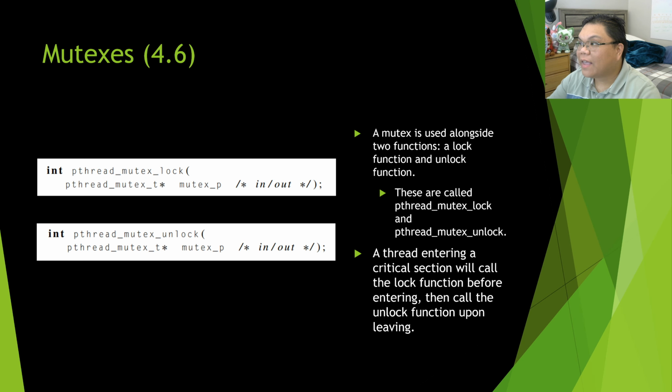So we use a mutex in conjunction with two functions, generally called lock and unlock, but in pthreads it's called pthread_mutex_lock and pthread_mutex_unlock. It's like that lock I was talking about in the example of going to a gym and having to borrow a lock from the counter.